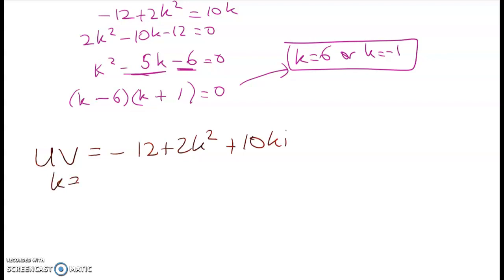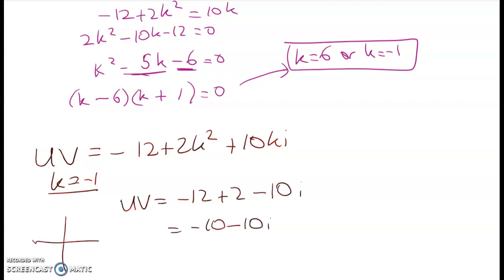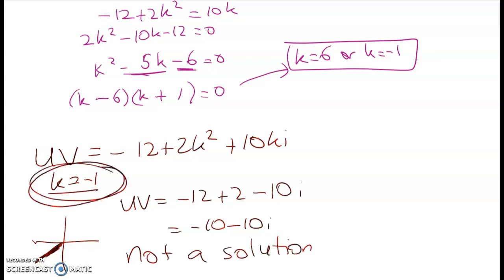And if k equals negative 1, what do we get? Well, uv is equal to negative 12 plus 2 minus 10i, which is negative 10 minus 10i, and that is sitting down here. Right, so k equals negative 1 is not a solution.